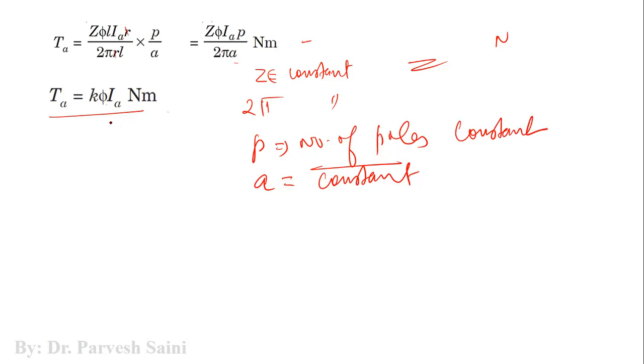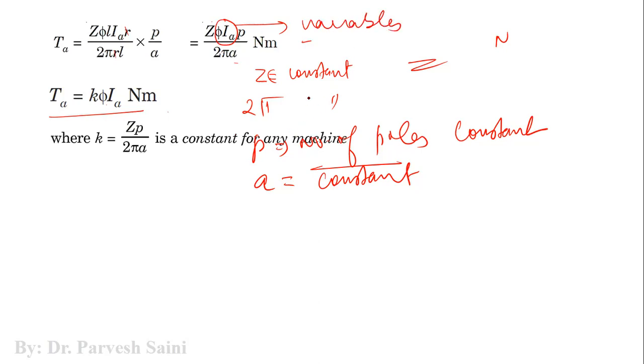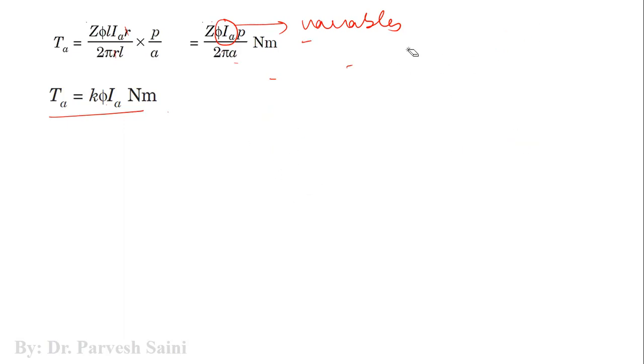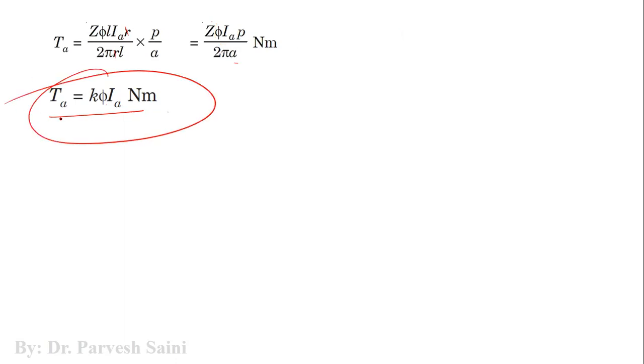Okay, so now what we are left with are phi and Ia. These are the variables. They are not constant, right? So we can say that for any particular type of DC motor, some parameters are constant and some parameters are variable. So we have written TA is equal to K phi Ia Newton meter, where K is nothing but Zp by 2 pi a.